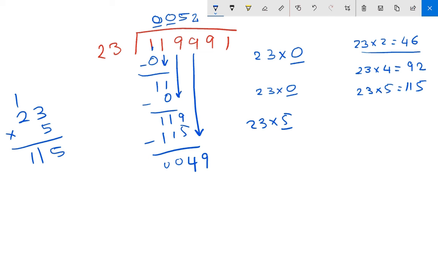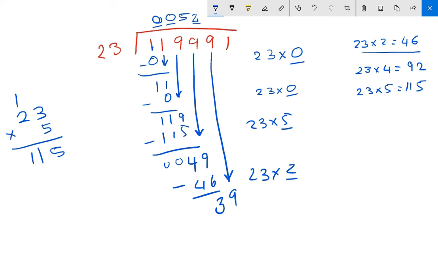So here we go. So 46, 23 times 2. I always jump the gun there, so that's the 2 that I've written there. Okay, so 49 minus 46 will give me 3. And 9. 39.